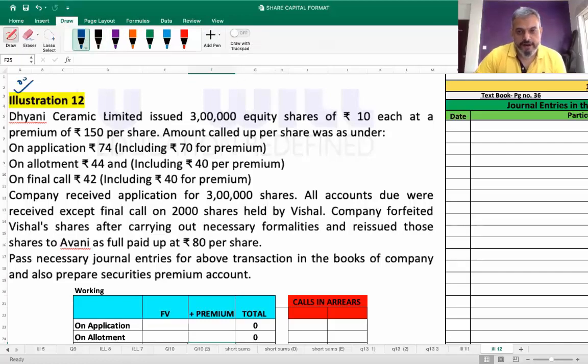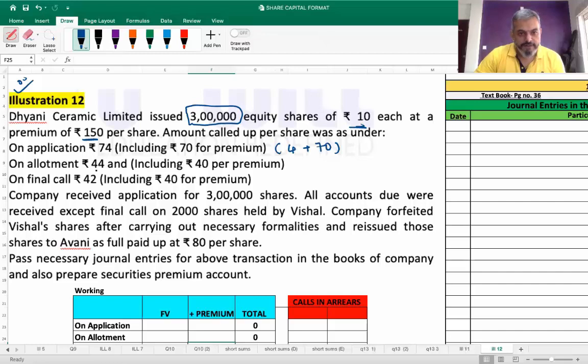Now, Dhyani Ceramic Limited issued 3 lakh equity shares of 10 each at a premium of 150 per share. Amount called up per share was as under. On application 74 including 70 for premium, so write in the bracket 4 plus 70.